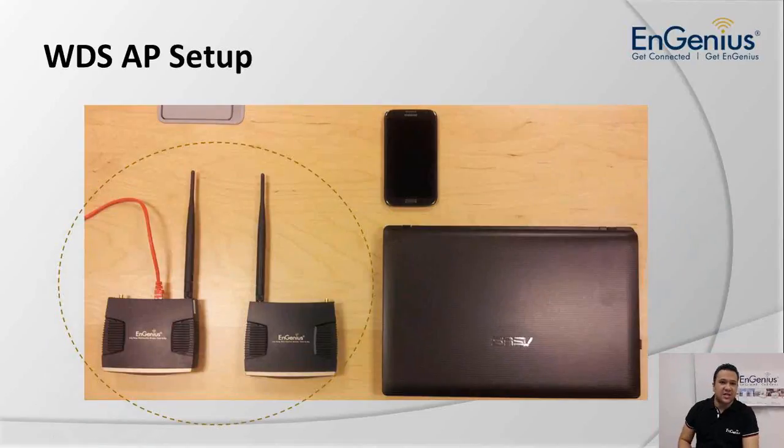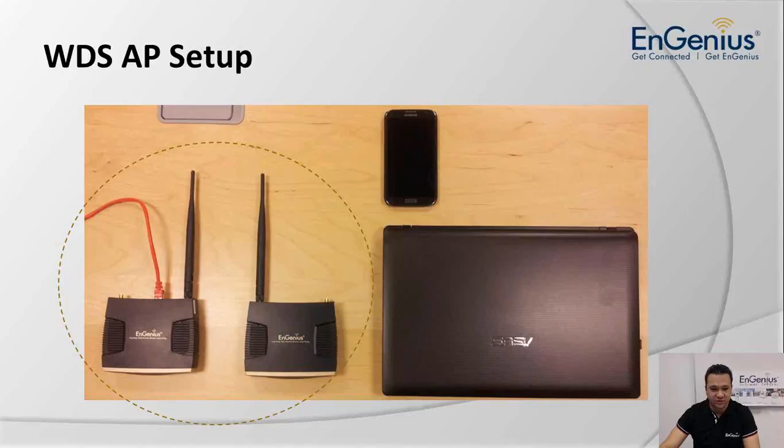In the next slides, we will go through a few screenshots on how to configure the WDS link between 2 access points. In case we link up 2 access points to become one virtual access point, in this picture I show you 2 ECB 350s.